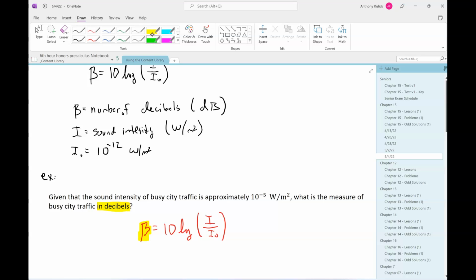Okay. So where does this 10 to the negative fifth go? That's the I. And what's I naught then? That's a constant. It's always 10 to the negative 12.